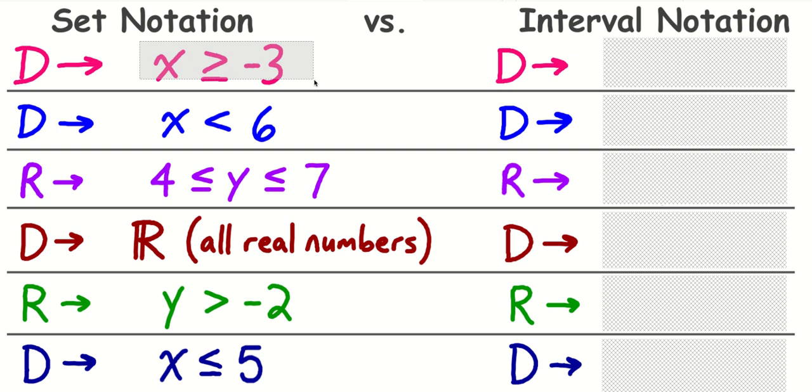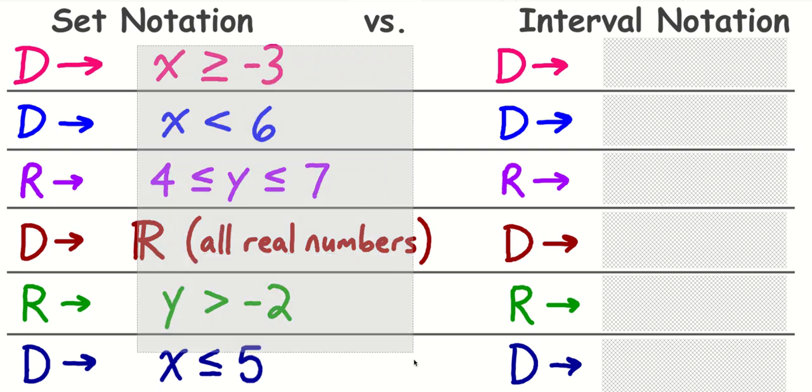This is an infinite set. It's literally everything that's greater than or equal to -3. That's -3, that's -2, that's -1, that's 0. It's also all the decimals. It's not just the nice integers. But anyway, hopefully this looks kind of familiar.